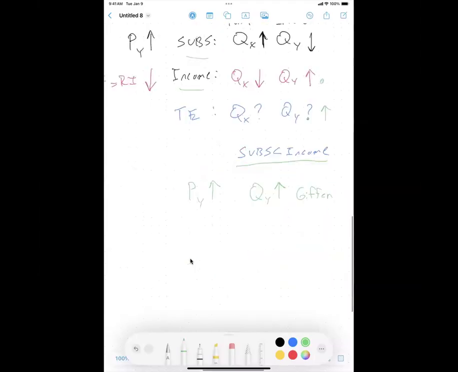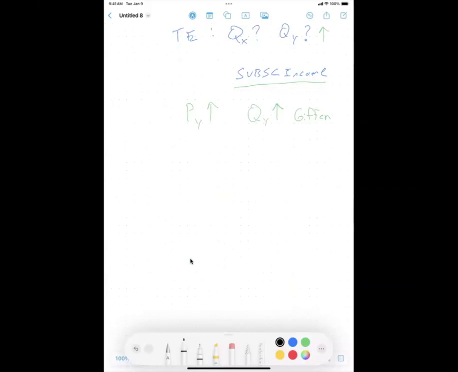Okay. Now, what this could look like graphically. So we have the quantity of X and the quantity of good Y. What do I want here? I want an income effect. So I need a relatively steep indifference curve. So let's say we were originally somewhere like this.